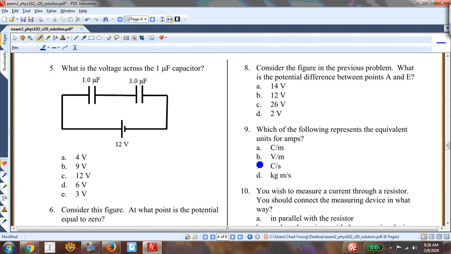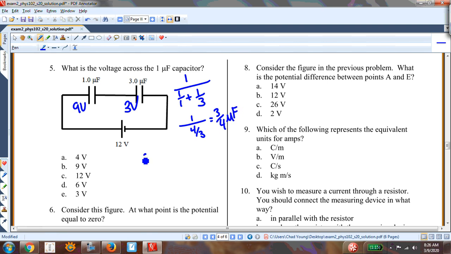What is the voltage across the 1 microfarad capacitor? Well, I know the voltage has to be 3 times the voltage across the 3 microfarad capacitor, so I might be able to see that our voltages are going to be proportionate in that way. If not, I say 1 over (1 over 1 plus 1 over 3). That's 1 over 4/3, or 3/4 microfarads.